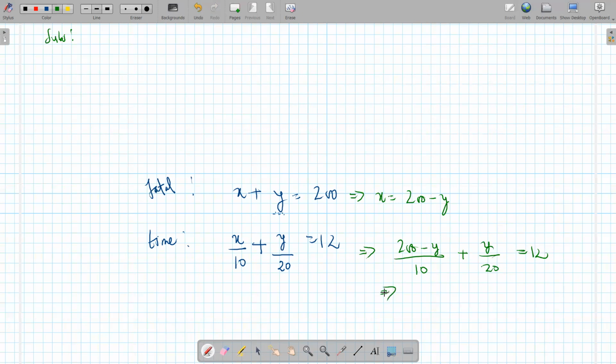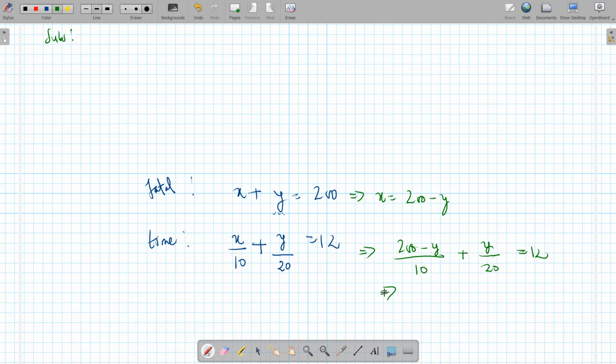How do we solve this for y? It's a linear equation. It has fractions and whatnot. Whenever you have fractions, try to take the LCD.